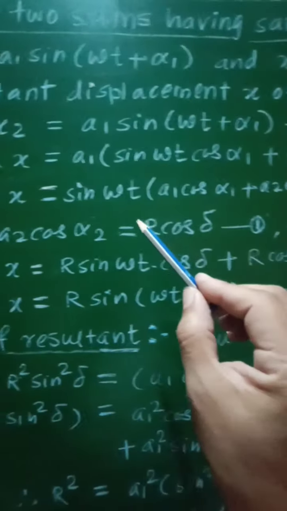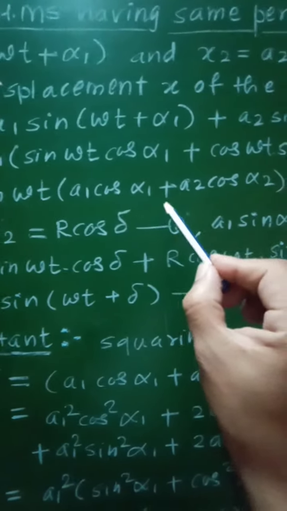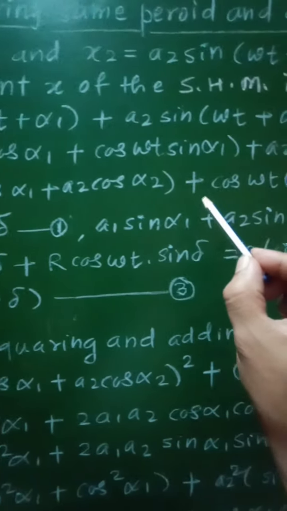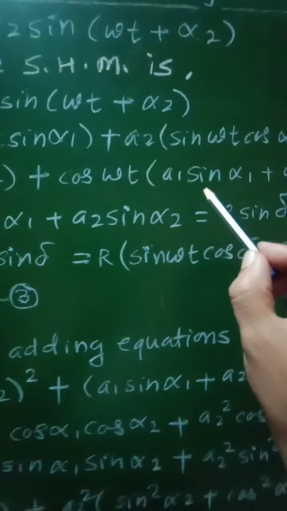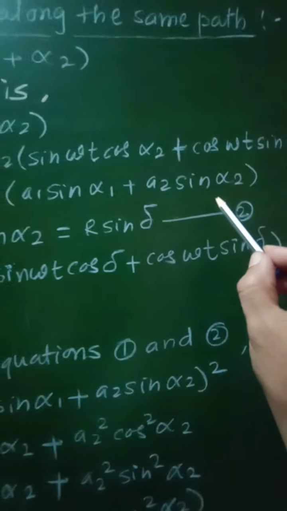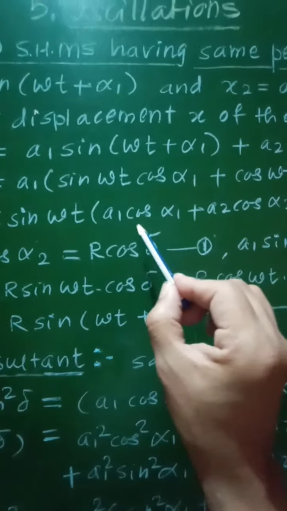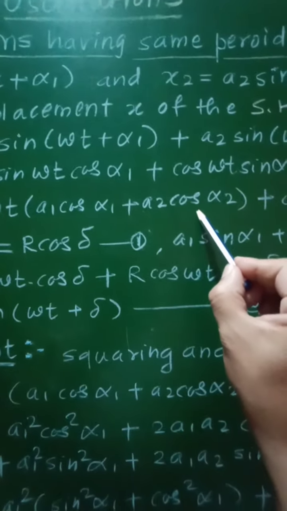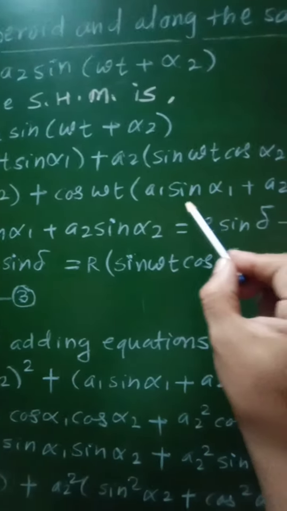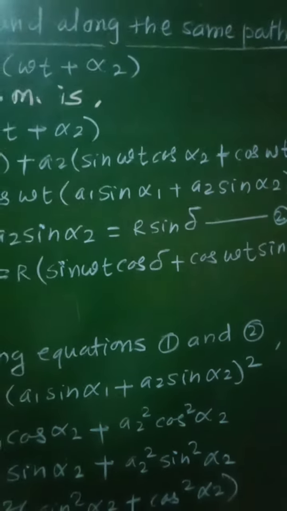So the value of x will be equal to sin omega t into (a1 cos alpha 1 plus a2 cos alpha 2) plus cos omega t into (a1 sin alpha 1 plus a2 sin alpha 2). Now for the first term, a1 cos alpha 1 plus a2 cos alpha 2, and for the second term, a1 sin alpha 1 plus a2 sin alpha 2, we will use some substitutions.